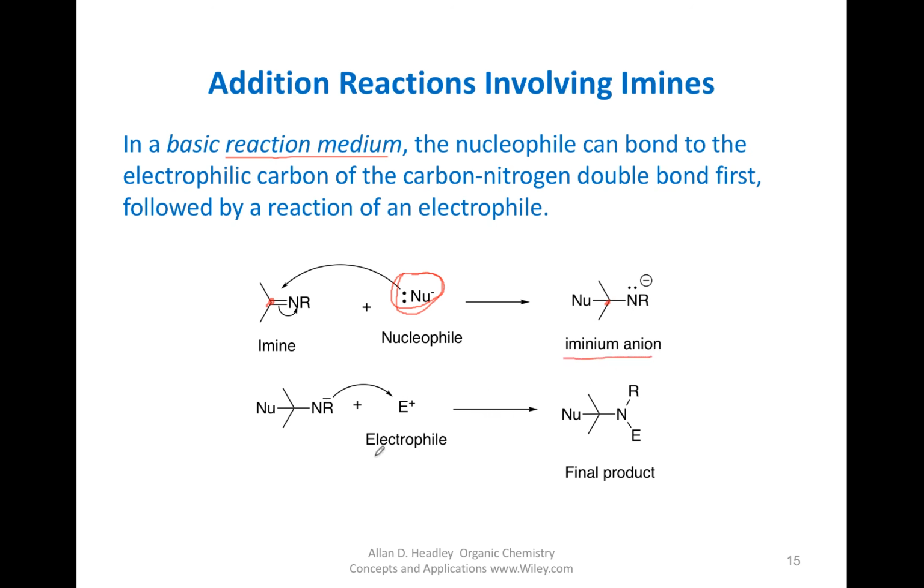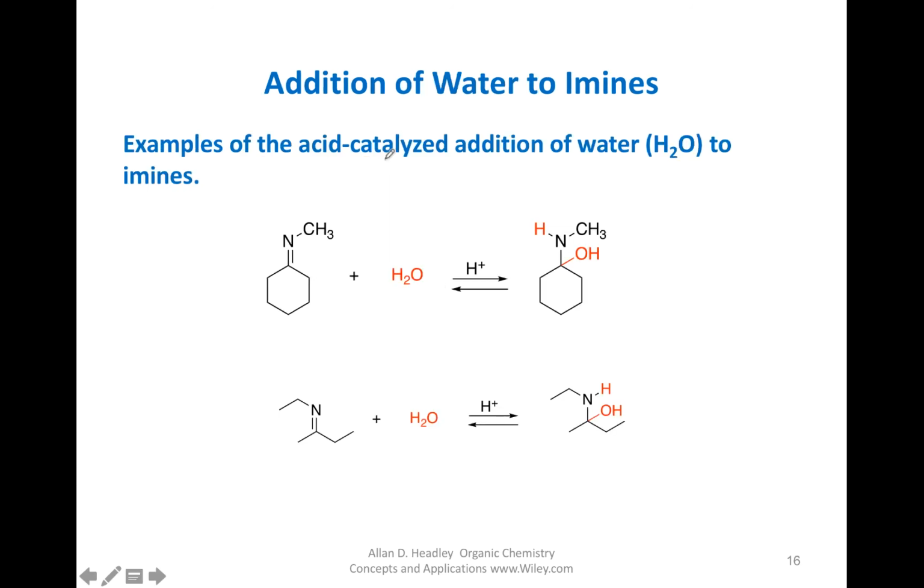In a second step, if an electrophile were present, it reacts to give this as the final product. The same type of final product, but two different ways of getting to that final product, depending of course on the medium, whether it's a basic medium or an acidic medium.